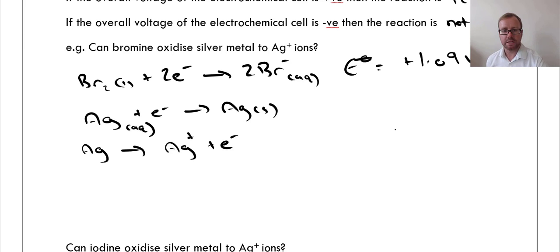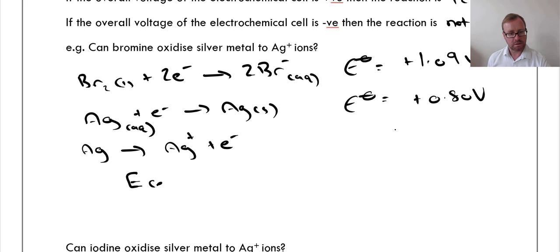I've forgotten my E value for this, it would be 0.8 volts. Okay, so I can now use my equation: reduction minus oxidation.